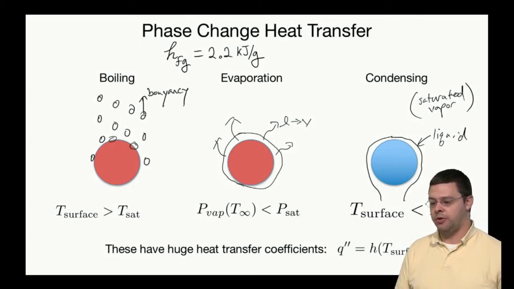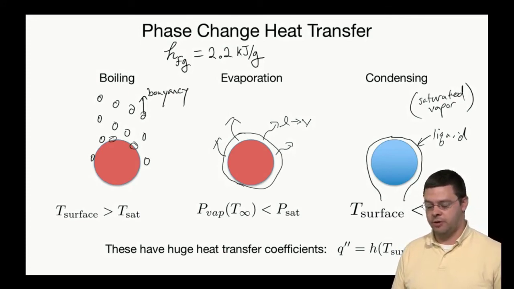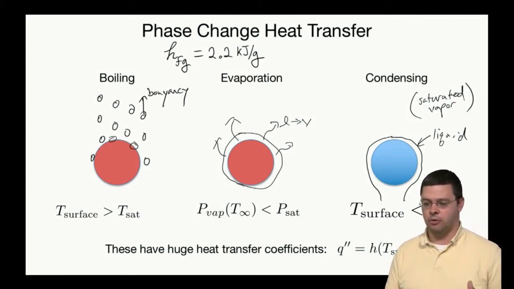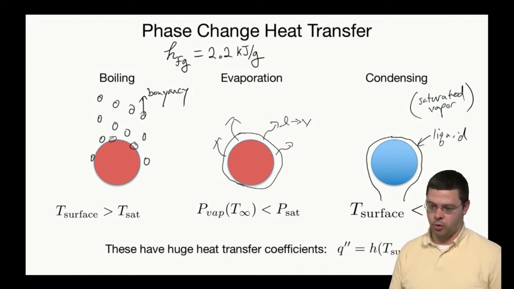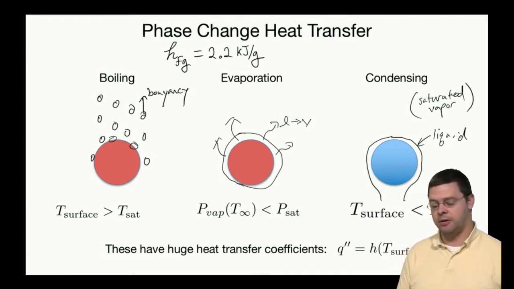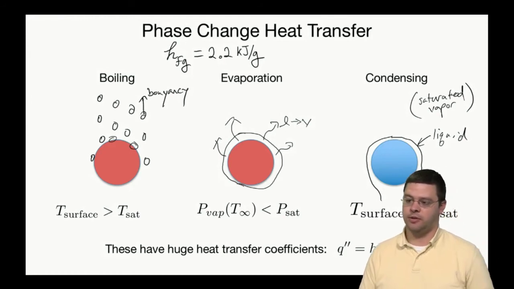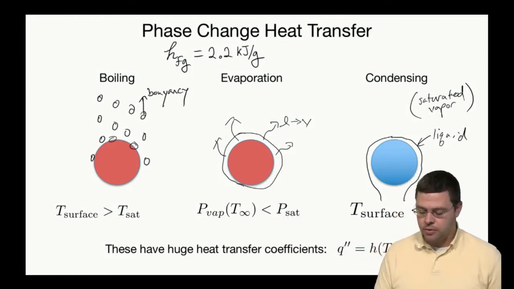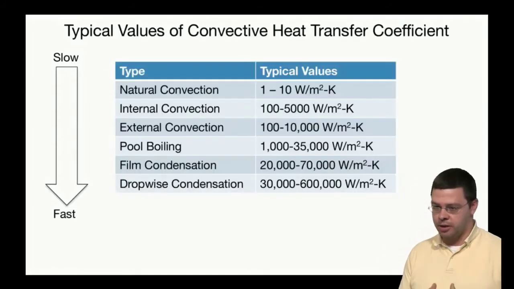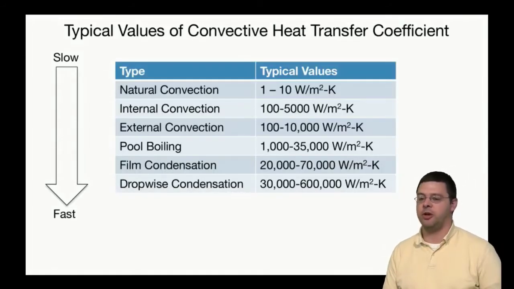And so you can have a conversion of liquid to vapor, even though it's not really a boiling process. Basically, if the vapor pressure at the ambient temperature turns out to be less than what could be handled at that temperature, then you'll get transfer by that process. So again, I'm just going to build up this list a little bit higher.